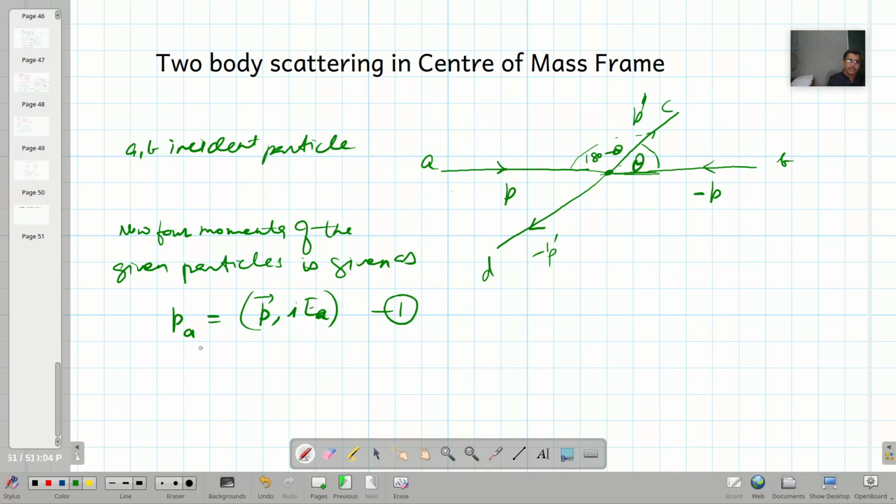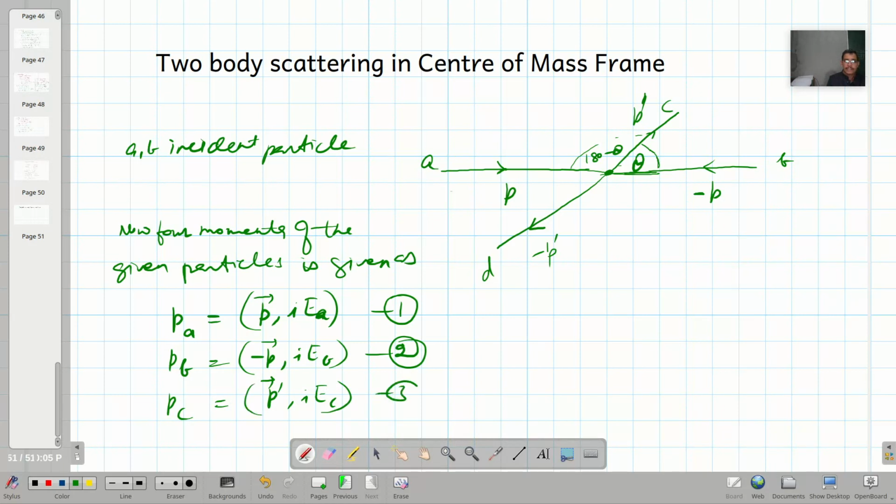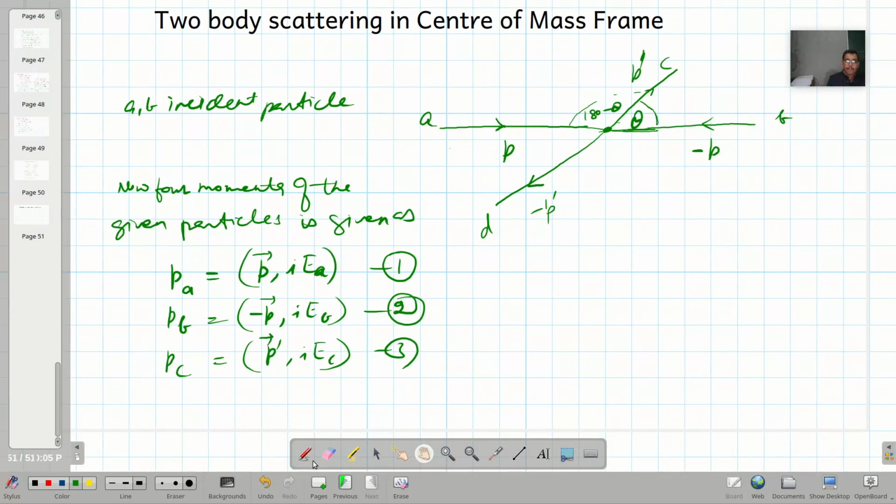Let us call it equation 1, and PB is equal to minus P iota EB, equation number 2. PC is equal to P prime iota EC, and PD will be equal to minus P prime iota ED. So these are the four momenta of the particles.